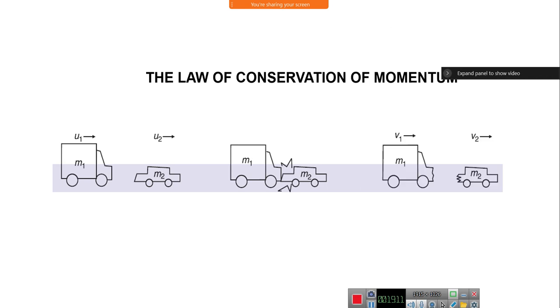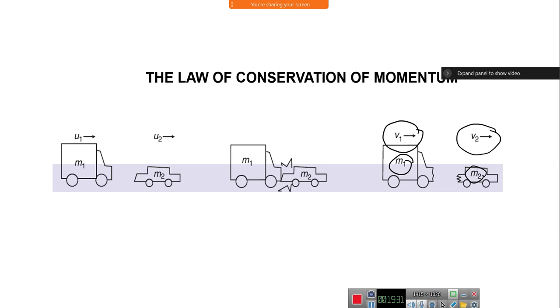So here also the same thing happens. Mass will remain the same, unless there is some damage and a piece is thrown out. Let us consider masses remain the same, but this velocity is v1 and this velocity is v2. Okay, so consider this situation.